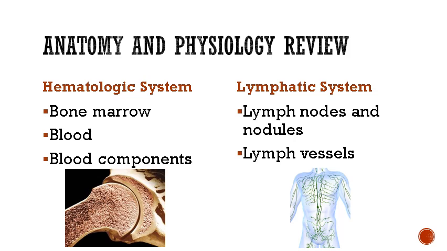So when we talk about this chapter, it's important that you revisit what you learned in anatomy and physiology related to the hematologic system on the left-hand side and the lymphatic system on the right-hand side. So when we're talking about this section, you need to think back to bone marrow, blood, and blood components.